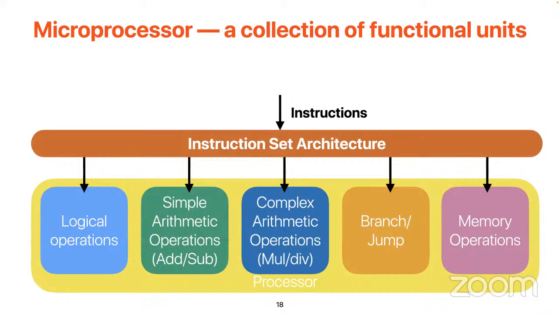So by using the instruction set architecture abstraction, you don't have to talk with each functional unit explicitly. In fact, the instruction set architecture, acting as the front end of your processor, would distribute this workload to the right place accordingly.